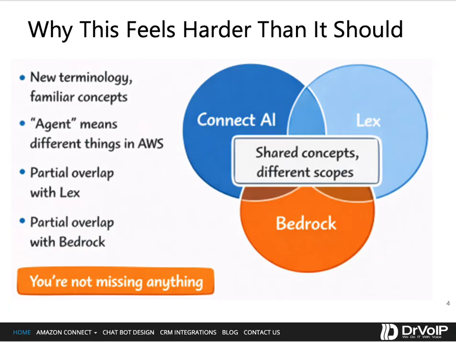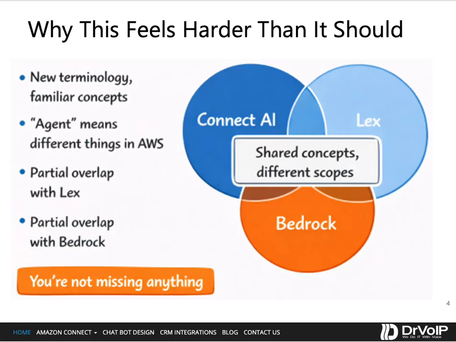And it's a mystery to me why the marketing department continues to just use terms and apply them differently. I mean, for example, how many different ways can we say agent? When we say agent, are we talking about an artificial intelligence agent? Are we talking about a customer service rep who's working in the contact center?